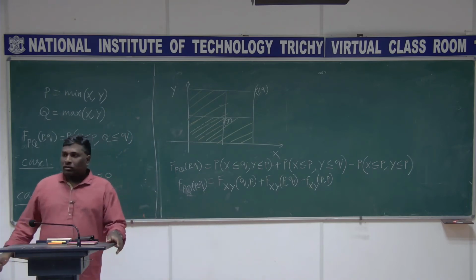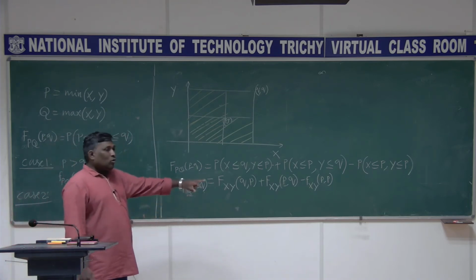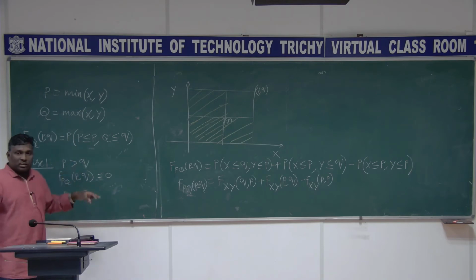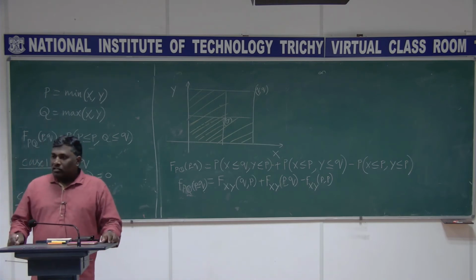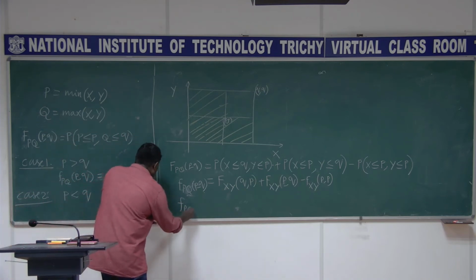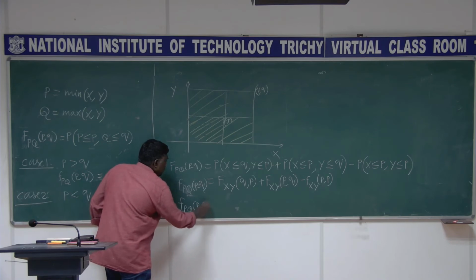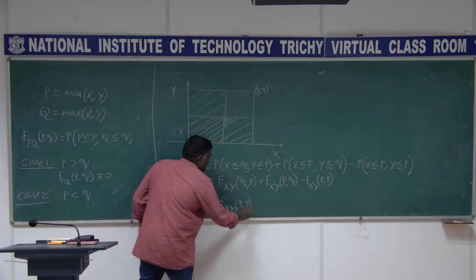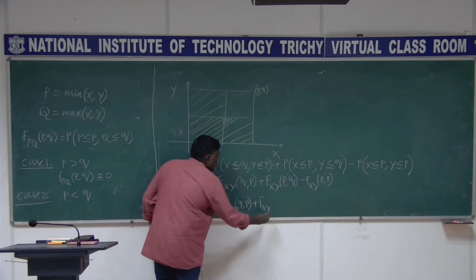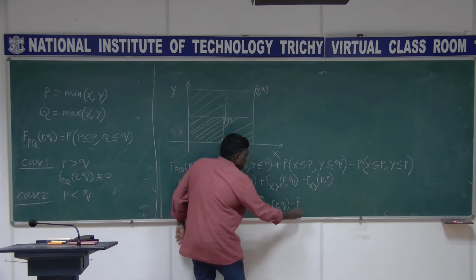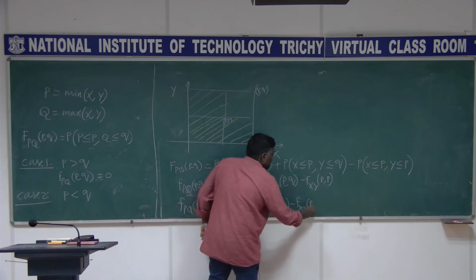Remember that this is true for the case when p is less than q. If p is greater than q, straight away the value is 0. So the function F_PQ of p, q is F_XY of q comma p plus F_XY of p comma q minus F_XY of p comma p.